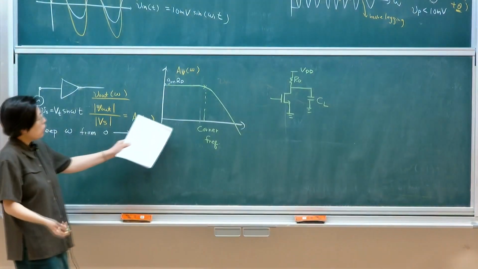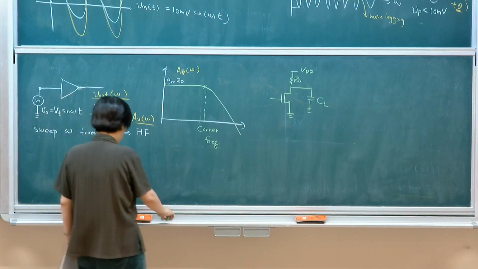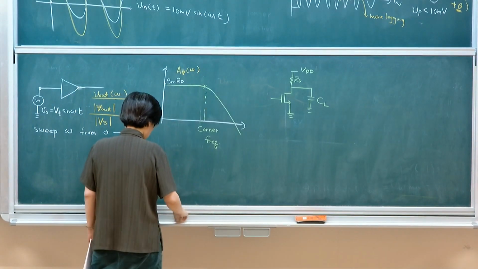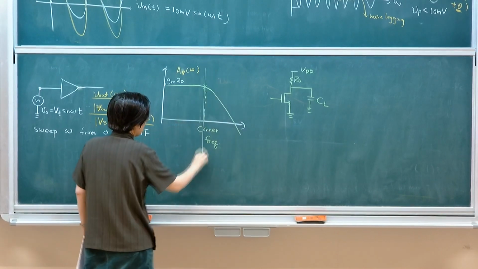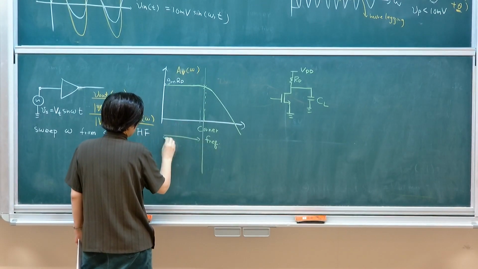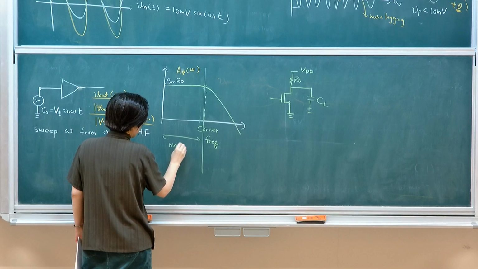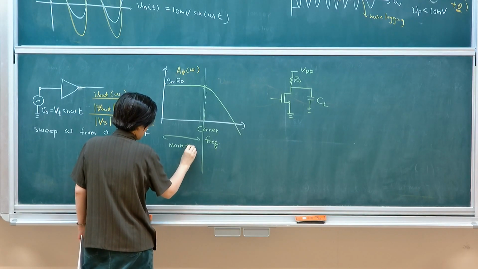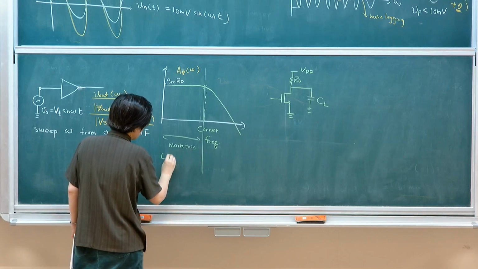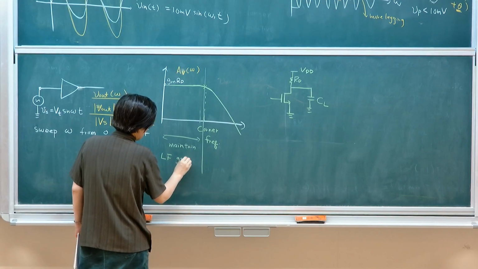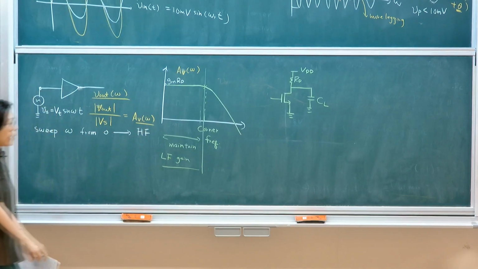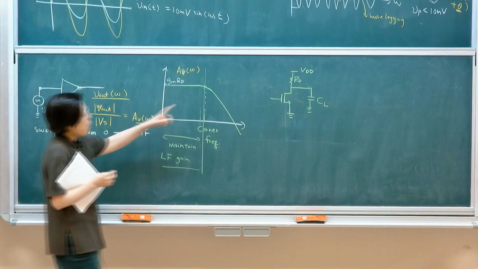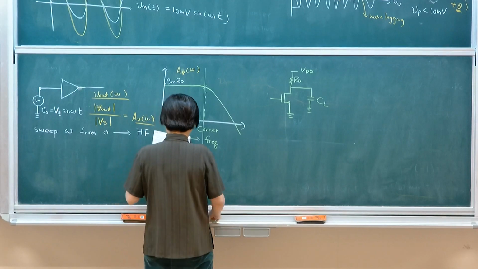So then you get the corner frequency, and before this is where you can maintain the gain. We call it the low frequency gain. Typically, when capacitive components are not effective, and then it will drop off. This is called the gain roll-off.